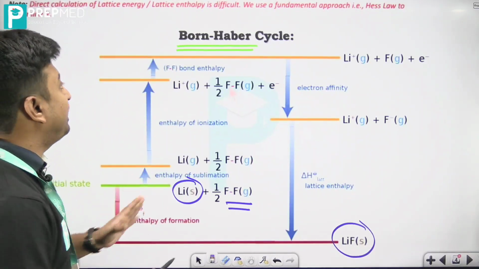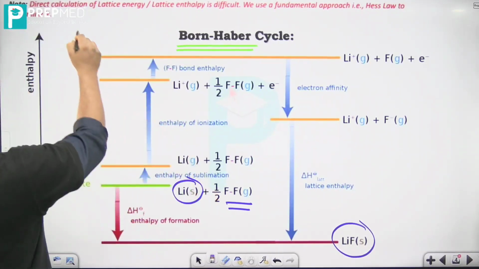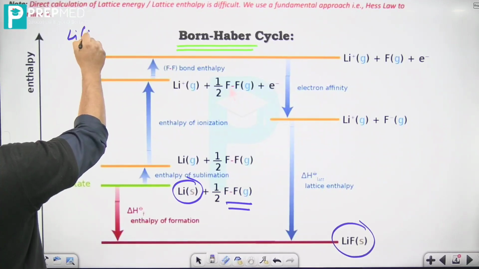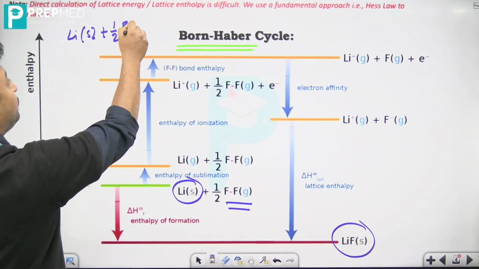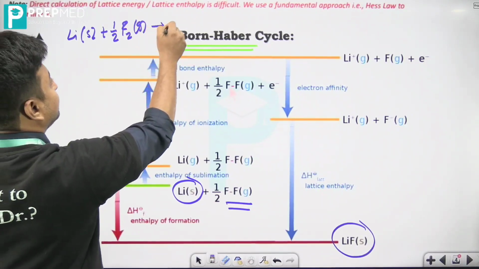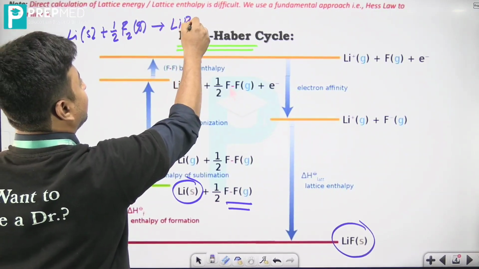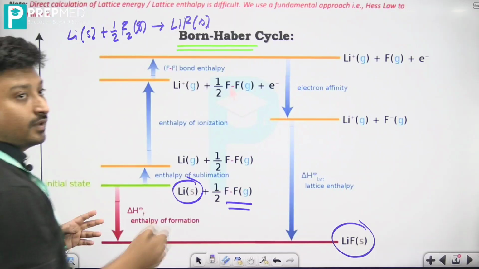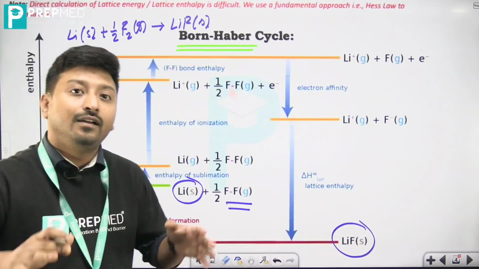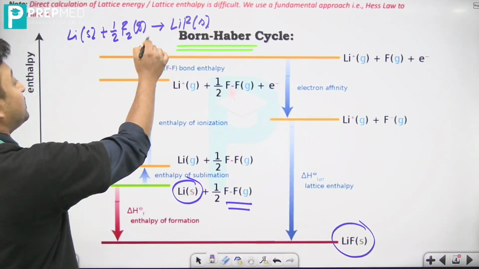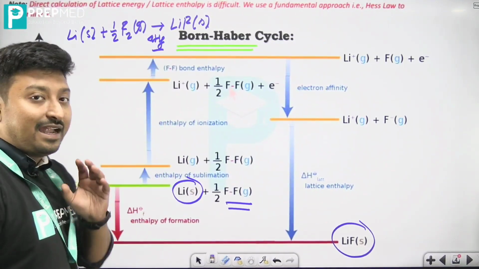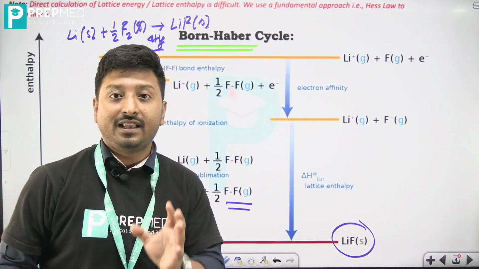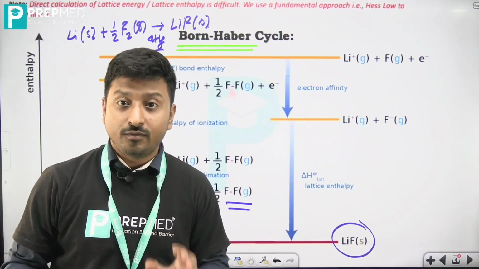Now, if I write the complete reaction of the lithium fluoride formation, that is lithium solid plus half of F2 gaseous, that gives me LiF solid. So this is basically the exact reaction, and for this reaction, that is my delta HF, the lattice formation energy.